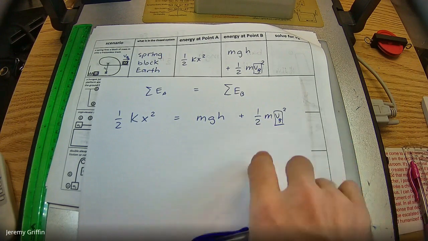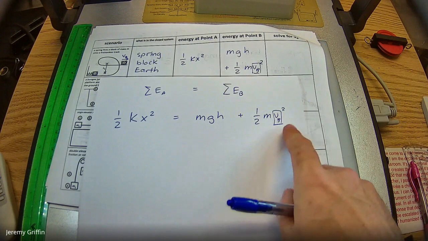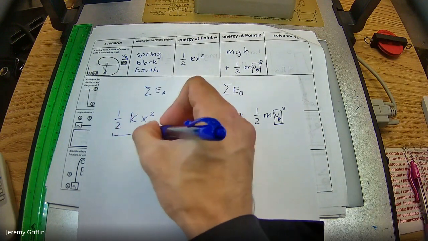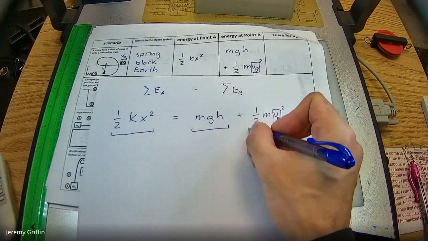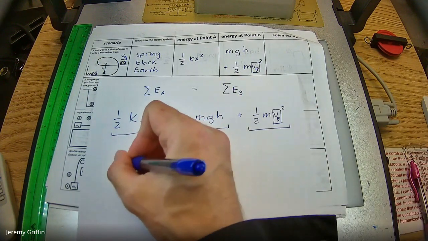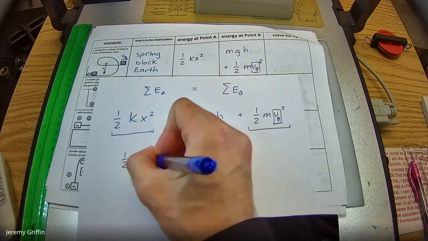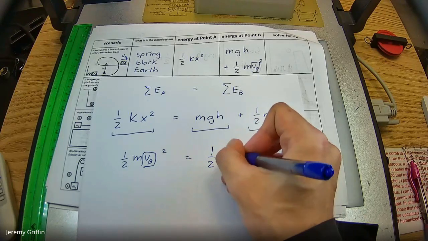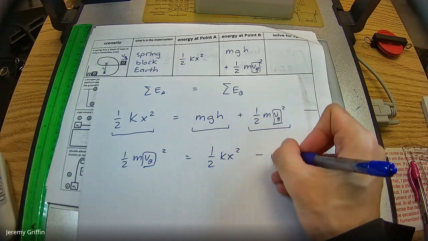If you want to solve for the speed at point B, then let's just do some algebra. So you guys do see three terms. I'm gonna take the MGH term, subtract it over, and that'll leave you with 1/2 mvb squared equals 1/2 kx squared minus MGH.